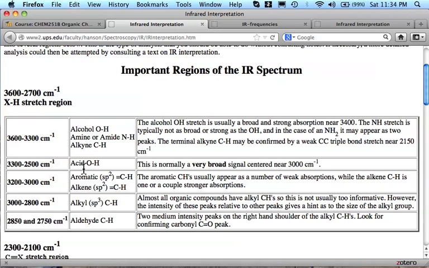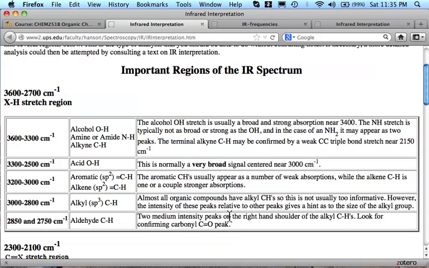And so, for example, the alcohol OHs or the amine NHs and alkyne CHs come up in a higher region, 3300 to 3600, whereas a regular CH from an alkyl group might come at just slightly below 3000. So you can see how this is pointed out here.